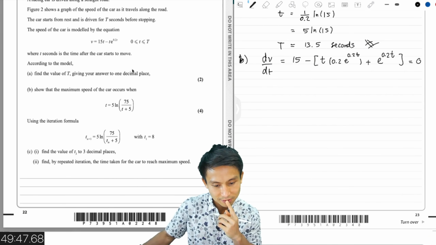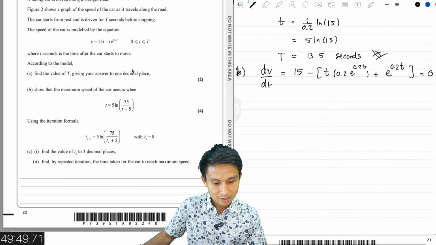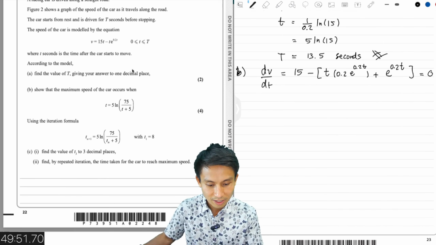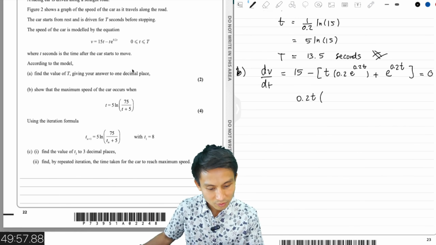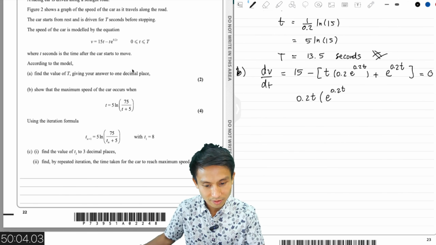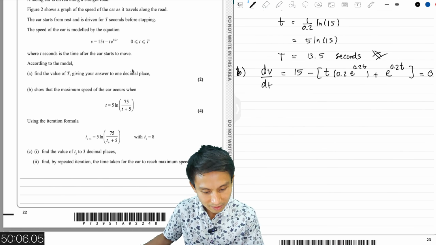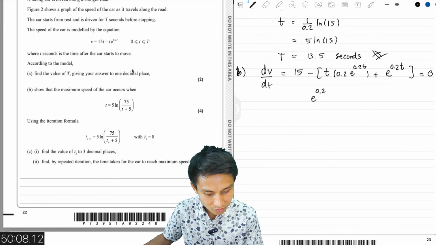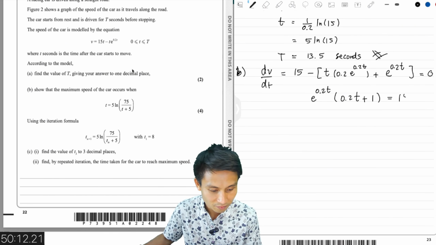So how do we solve this? All right, let me move 15 to the other side, having 0.2t, and then factorize in the brackets as well. So I should be factorizing e to the 0.2t outright, and here I have 0.2t plus 1 equal 15.